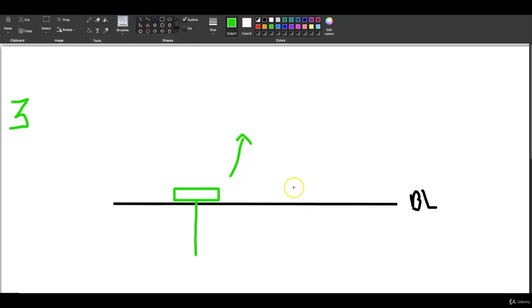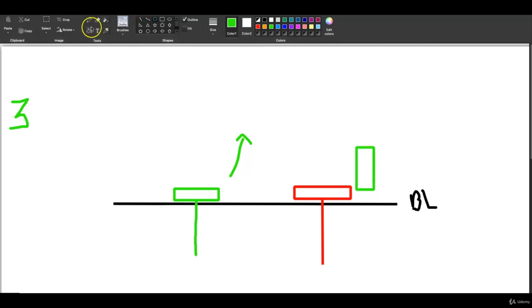In another case, what is going to happen if you have a bearish candlestick, and here we are having the wick at the bottom? Then at this point we have to wait for the next bullish candlestick. You should not immediately place your trade.